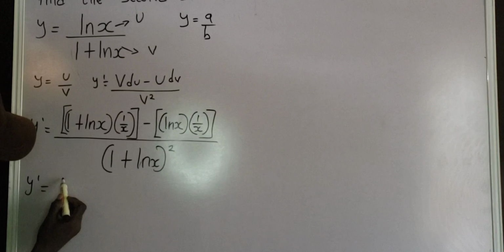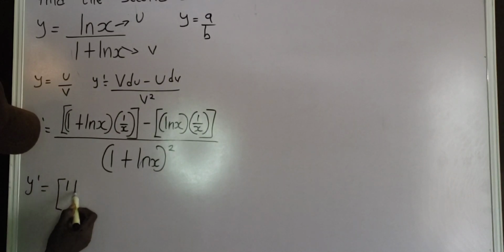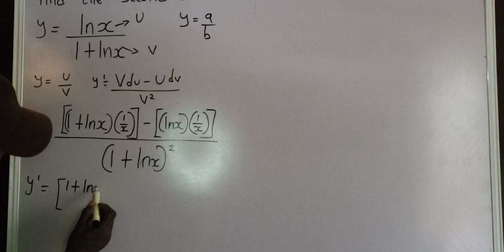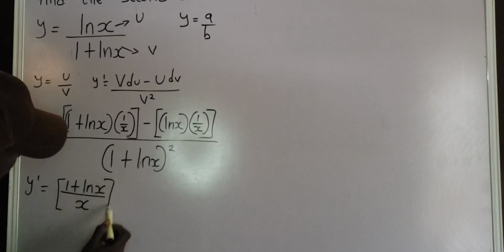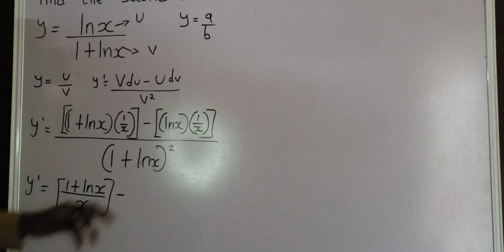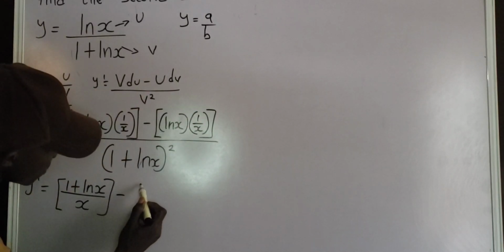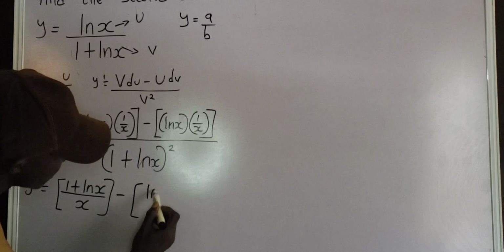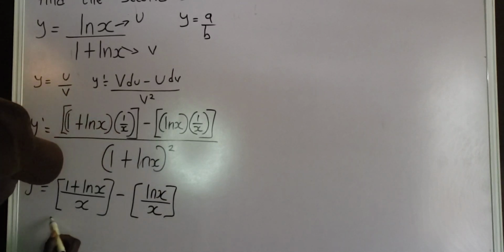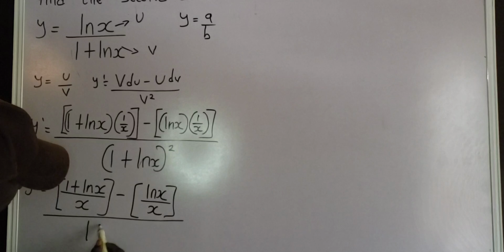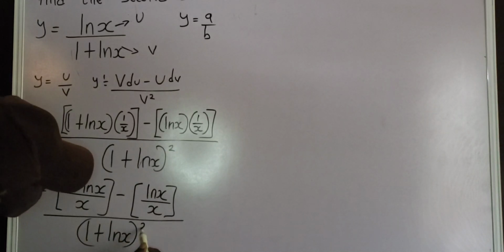I'm going to have, let me put this in the bracket, 1 plus ln x all over x. Do you understand? Minus ln x multiplied by 1 over x. That will give us ln x all over x. This all over 1 plus ln x raised to the power of 2.